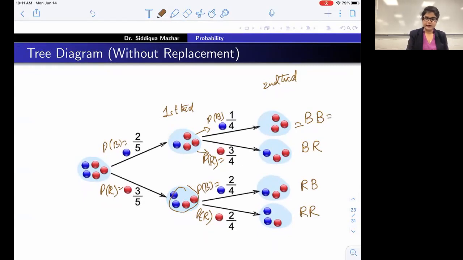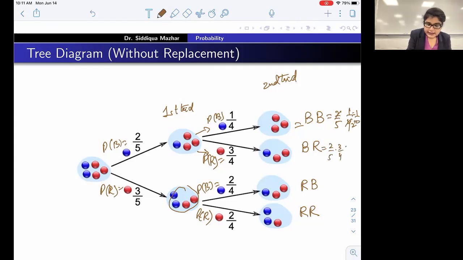So in the first trial, blue, blue, what is the probability? Blue in the first trial was 2 by 5. In the second trial, finding the blue was 1 by 4. So if you simplify it, this is 1 by 10, isn't it? Blue, red: blue was 2 by 5, red is 3 by 4.